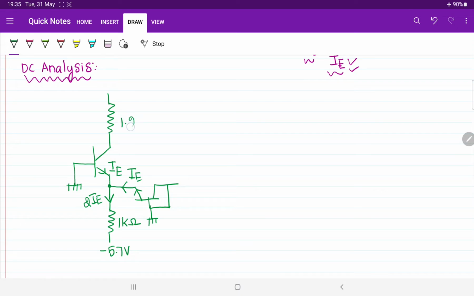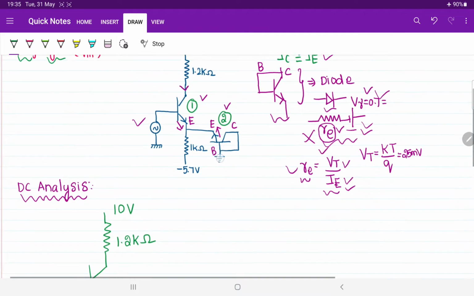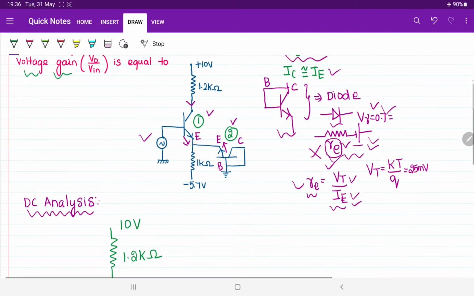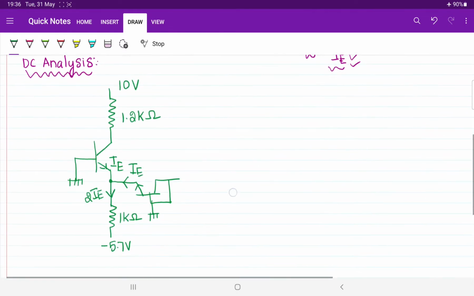In the question, they told that there are two identical transistors and the value of beta is very large. So from that conclusion, I can directly make, see, go back to the question. Both transistors are identical to each other, and the value of beta is very large. Identical to each other means they are going to carry almost the same current.